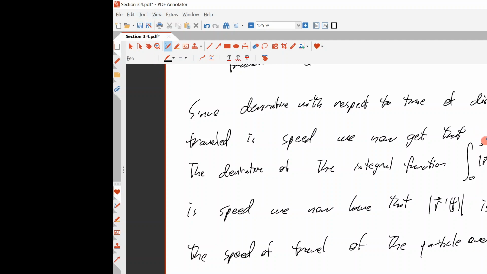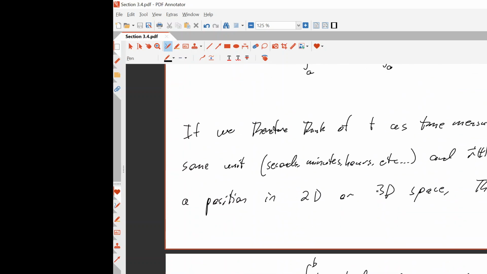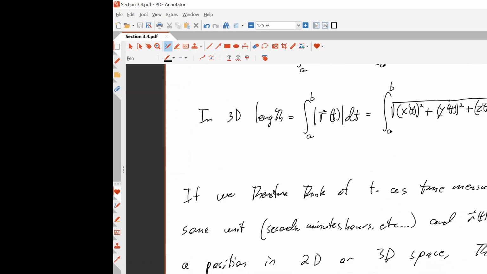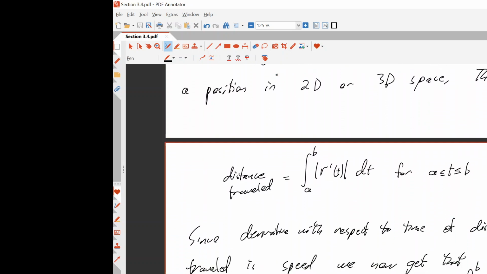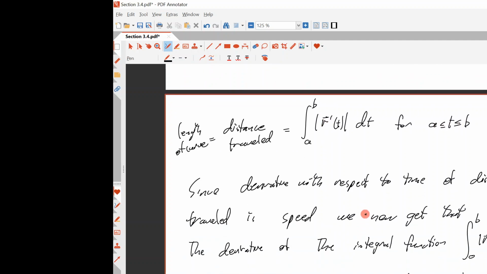In a one-dimensional context, that's much more obvious. But here we're talking in 2- and 3-dimensional contexts. t is time measured in some unit, and r of t is position in 2D or 3D space. So the length of the curve is equal to distance traveled, which is the integral from a to b of the length of r prime of t dt for t between a and b.